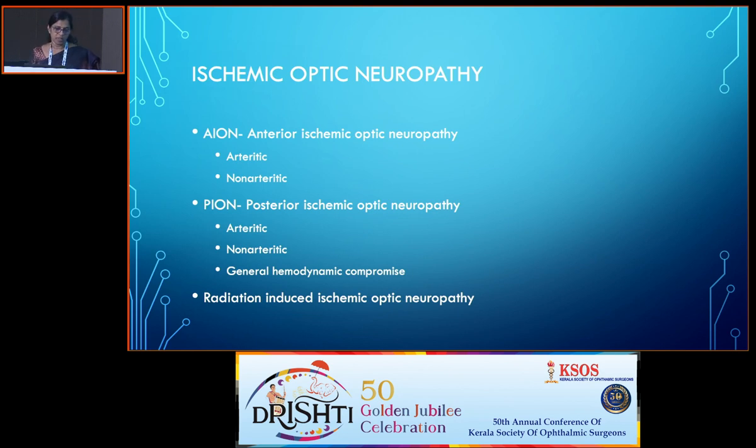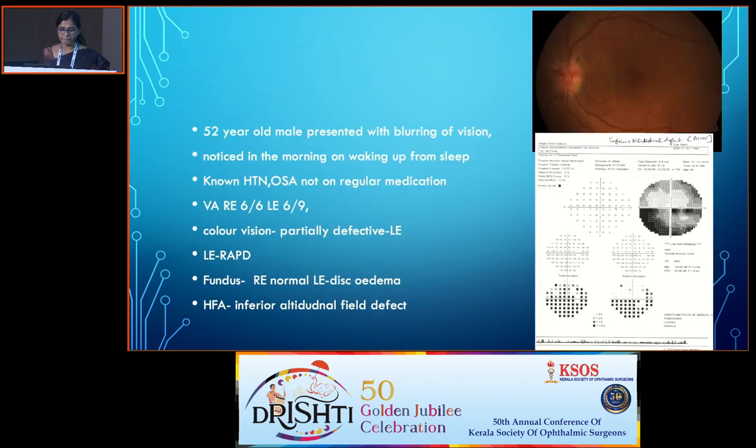Coming to ischemic optic neuropathy, it is broadly categorized into anterior ischemic optic neuropathy, posterior ischemic optic neuropathy, and radiation-induced ischemic optic neuropathy. So here again, a 52-year-old male presented with blurring of vision. He noticed the defective vision while waking up in the morning.